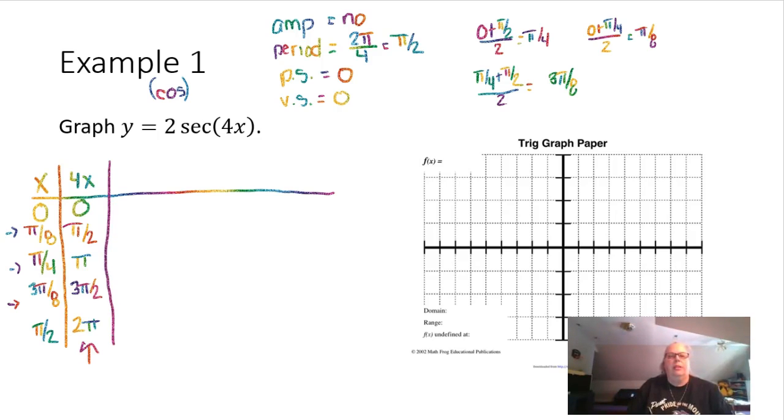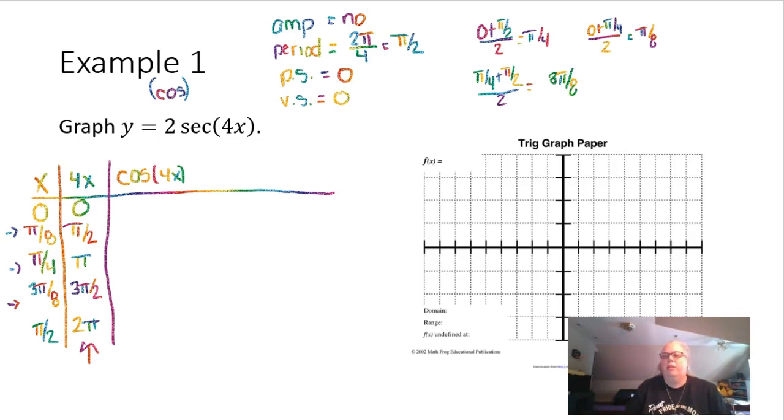This is good because this column right here is where all of my key points happen on my cosine curve. I've got zeros and I have a max and a min in there. Okay, the next thing I'm going to do is take the cosine of that angle. Now, I know we're supposed to be drawing the secant. We're actually going to make the secant at the very last thing.